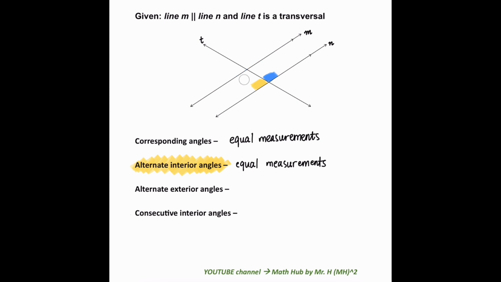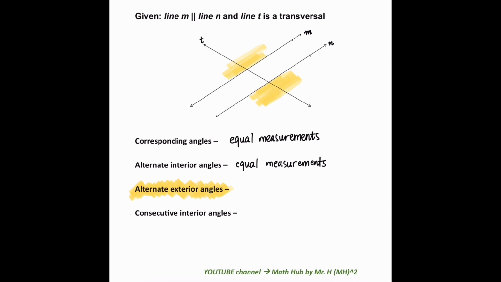So the next pair of angles that we're going to be discussing will be the alternate exterior angles. From the term itself, exterior, we're going to be looking at the outer or exterior part, which will be somewhere here, here.